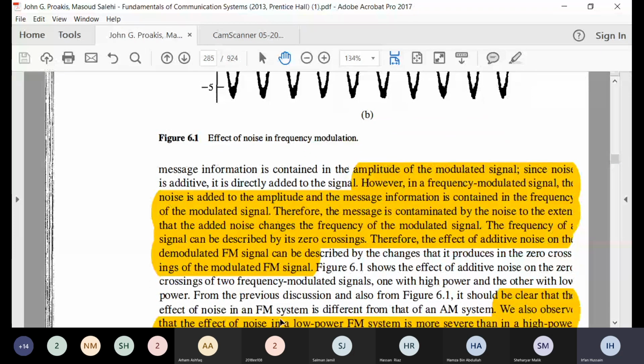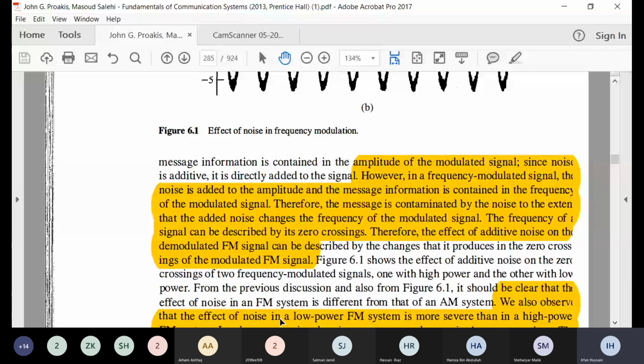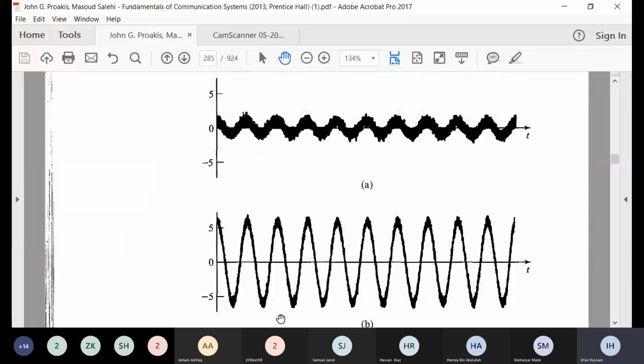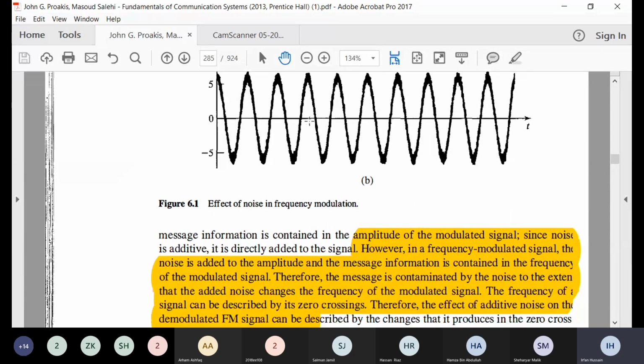Figure 6.1 shows the effect of additive noise on the zero crossings of two frequency modulated signals, one with high power and another with low power. You can see this is the change in low power, and this is the change in a high power modulated signal. You can see the effect in high power is not that significant as compared to the effect in low power modulated signals.